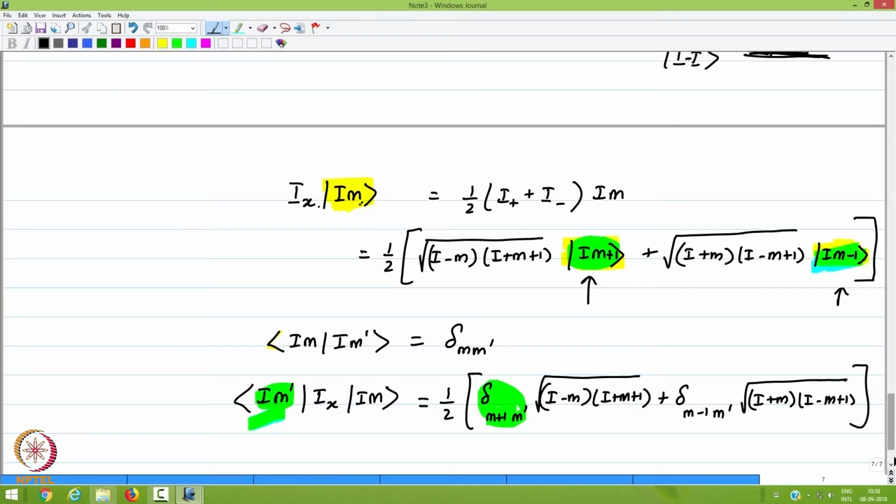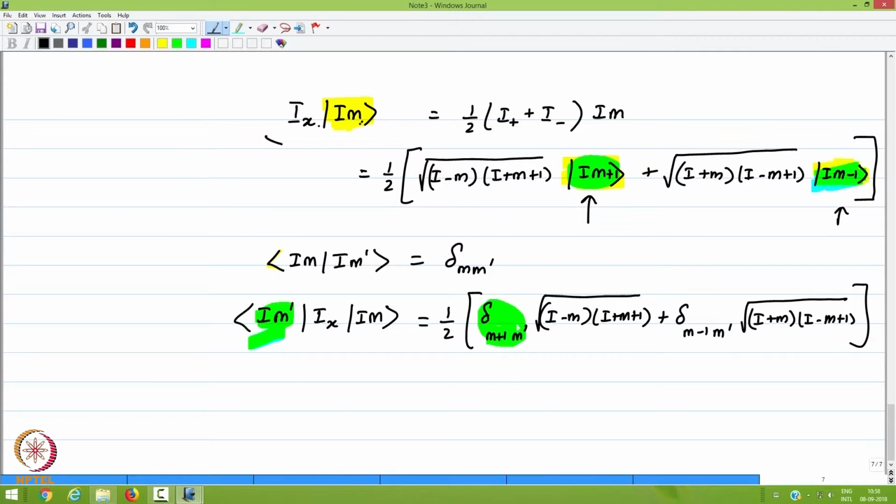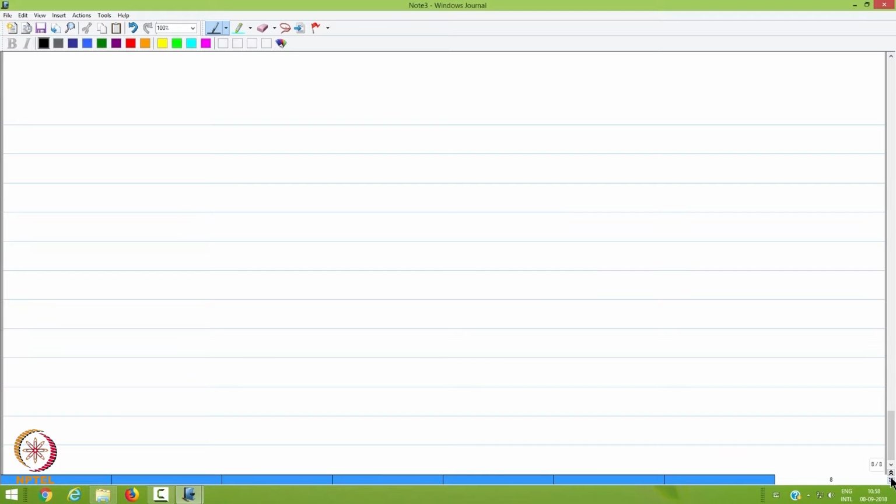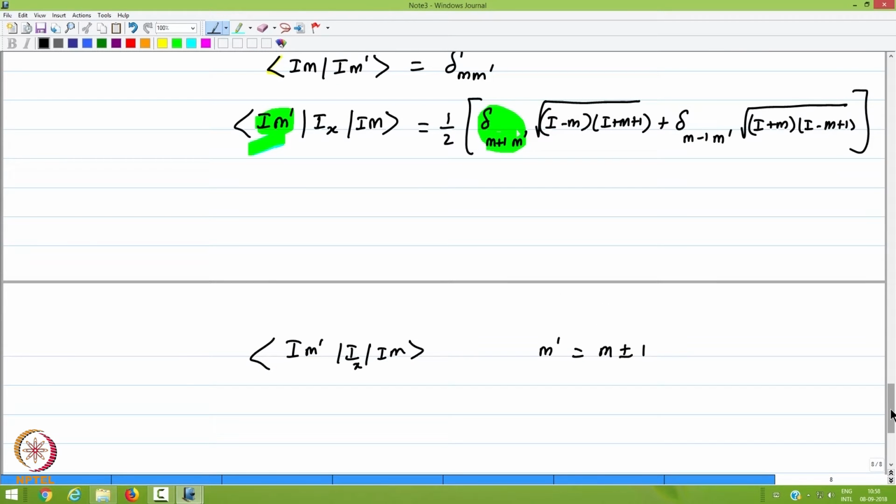So, the matrix elements of this operator ix, if I write the general element im prime ix im, are non-zero, provided m prime is equal to m plus or minus 1. Those are the only two possibilities. If m prime is equal to m plus 1, this is the matrix element. If m prime is equal to m minus 1, this is the matrix element.